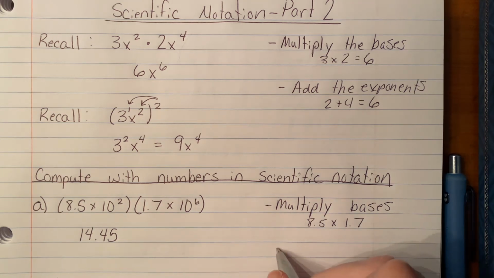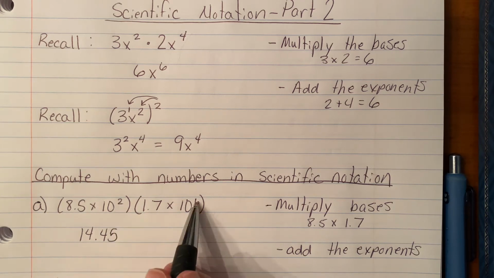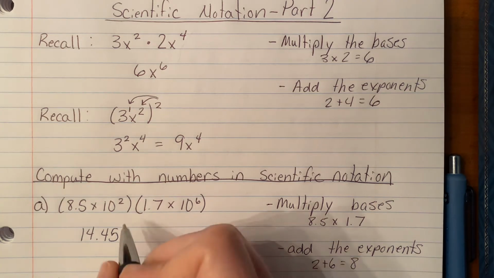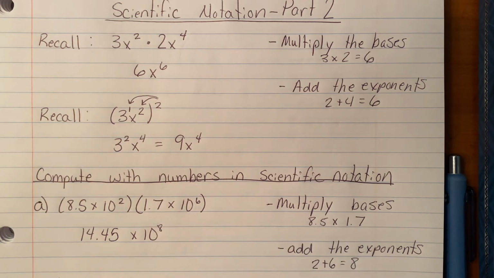Okay, then remember we add the exponents. So our exponents are 2 and 6. So 2 plus 6 will give us 8. So this will be times 10 to the 8. Now, we can't stop there because this is 14 and it's not between 1 and 9. So we have to make sure that it is.